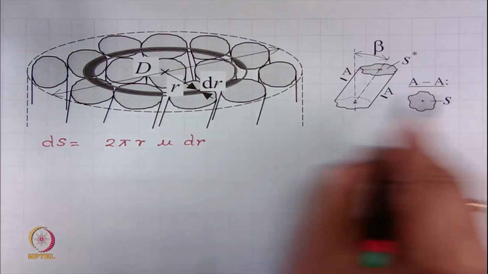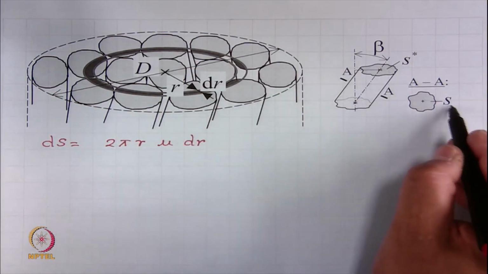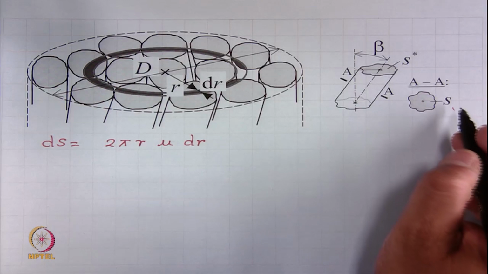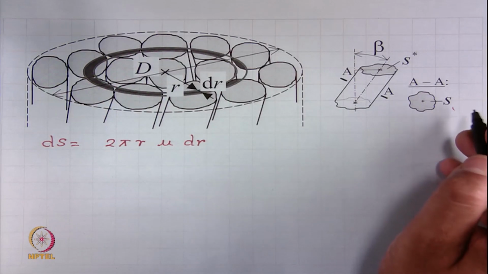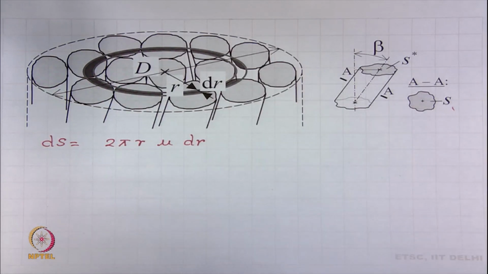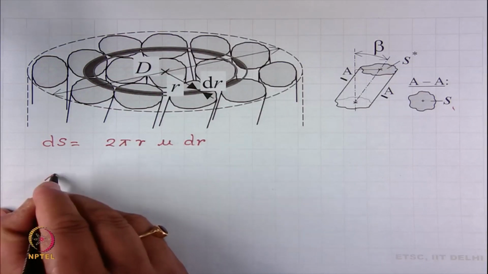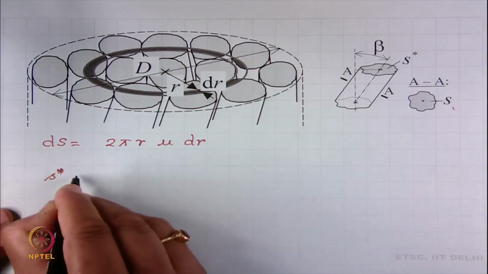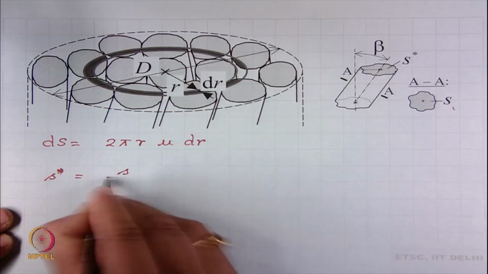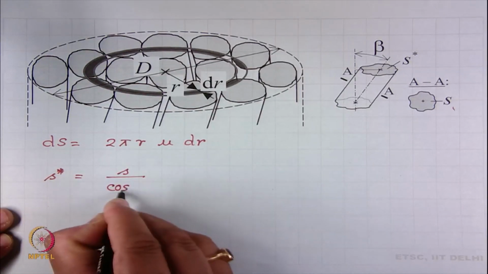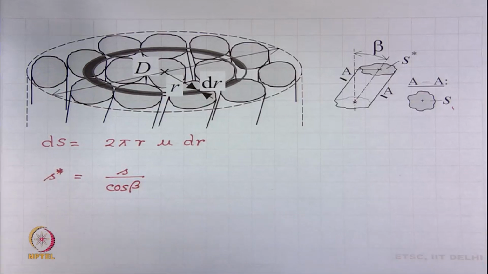This is your S. Now, what is the relation between these two areas? This we have already found out in module 2. S star is equal to S by cos beta.